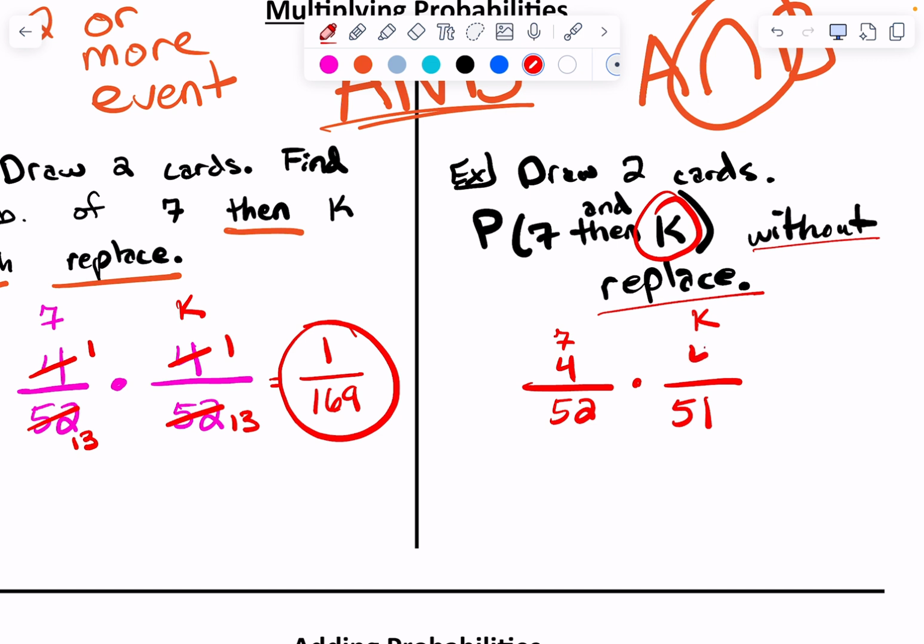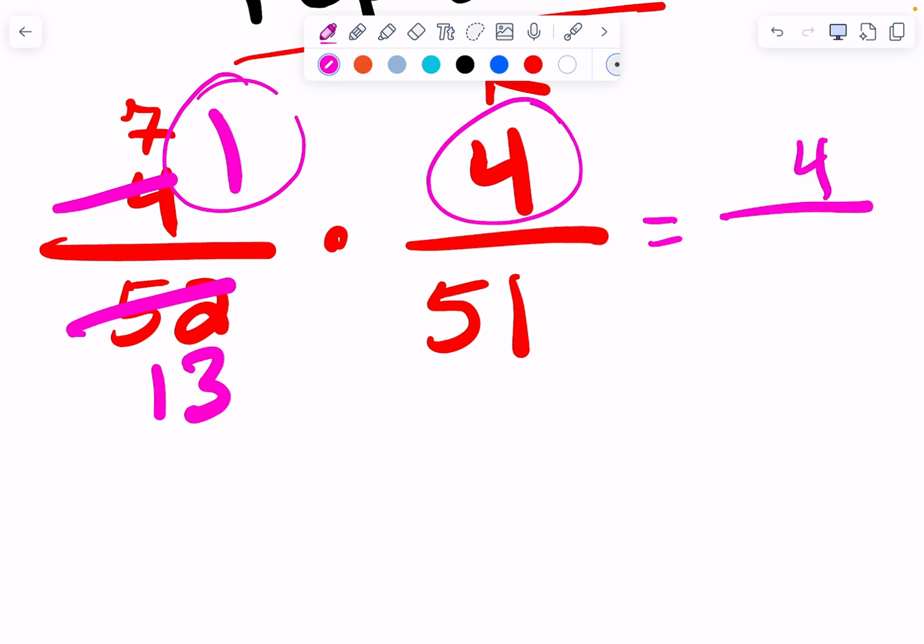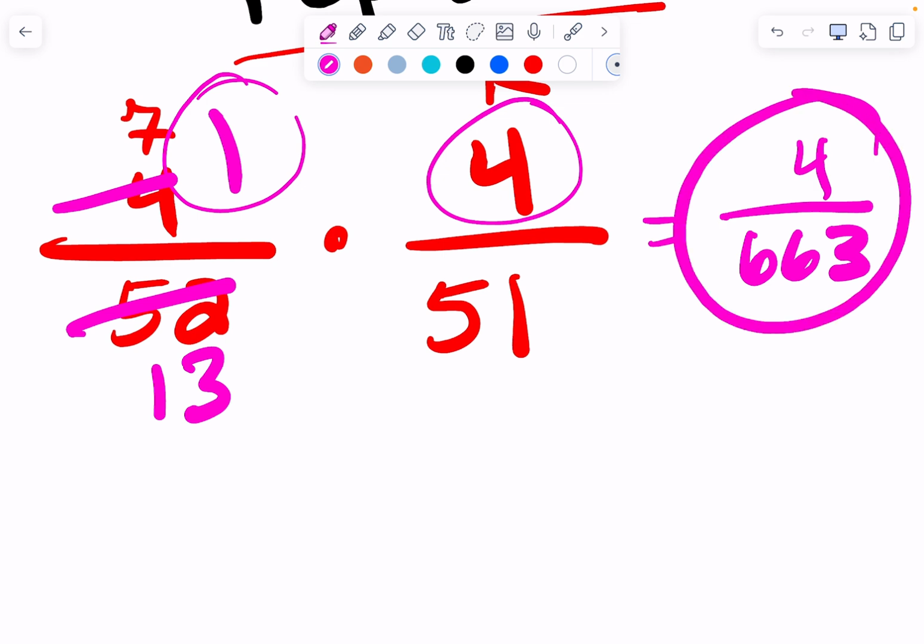Still 4, right? But now I only have 51 cards, okay? So I can still reduce this one to be 1 over 13. 4 over 51 won't reduce, right? So I just multiply across. 1 times 4 is 4. 13 times 51, 663? Yeah. 4 over 663.